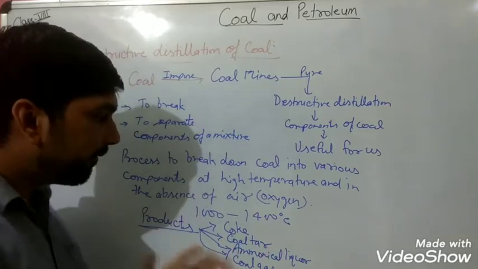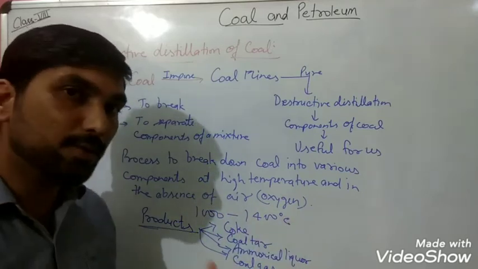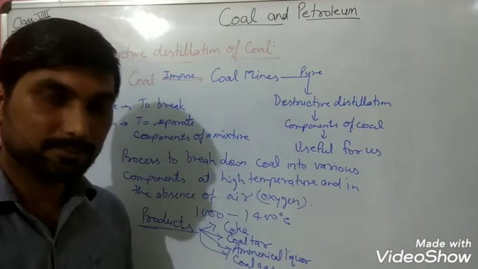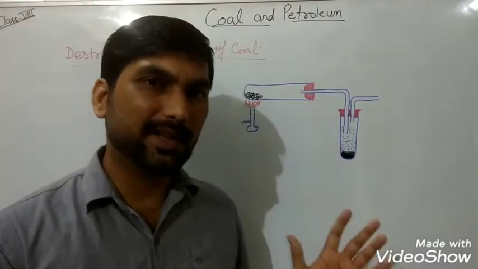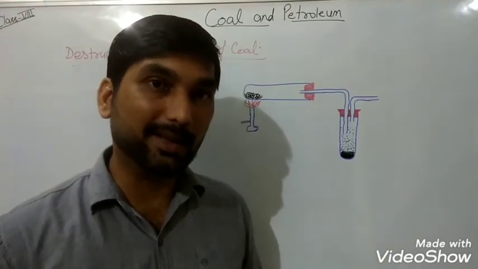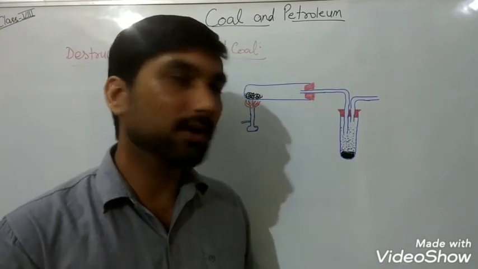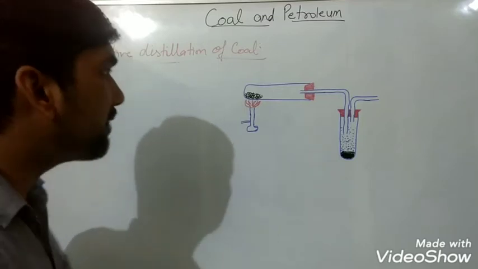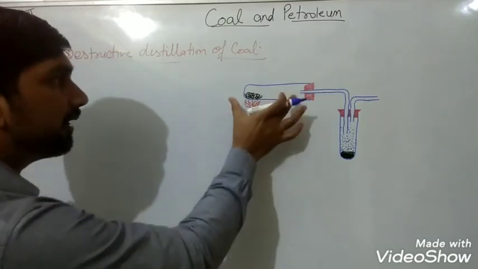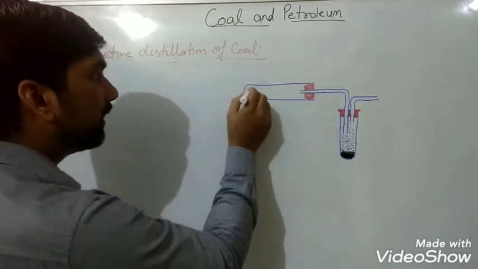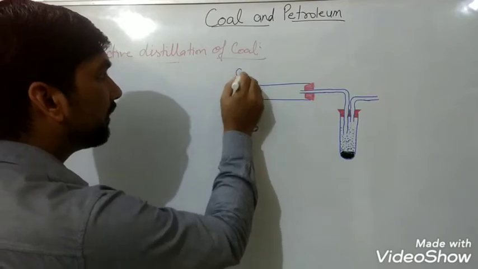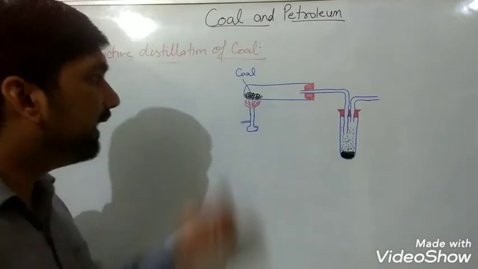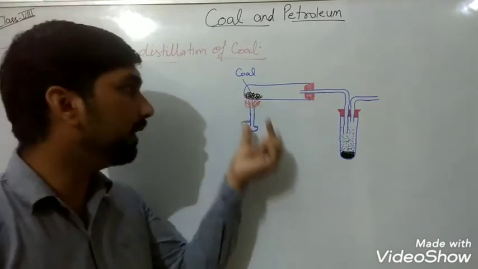So we will see what are these products, what are their uses, and how this process is conducted. Since this process is done in the retort because the temperature needs a lot, but if we are going to do this experiment in the laboratory, you are observing here a test tube that is having powdered coal, and now we are going to heat it with the help of a gas burner.